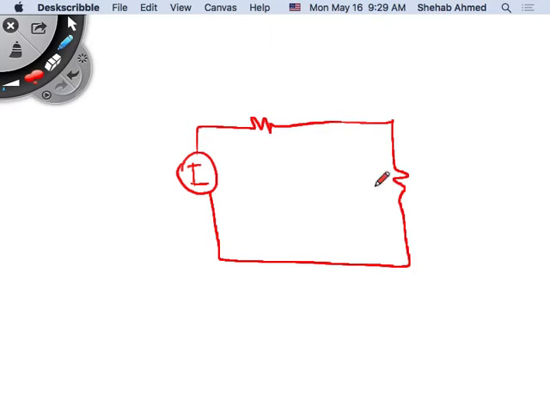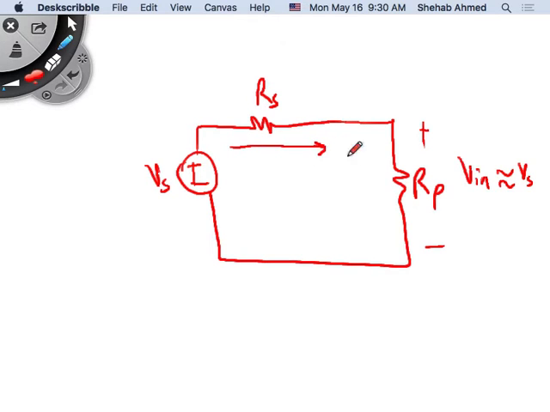I was able to come up with a recommendation for Rs and Rp such that I will be able to make my input voltage approximately equal Vs. We did that. But in this case, I still required current to flow.